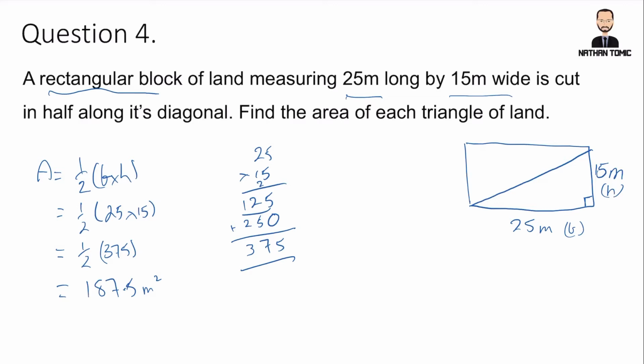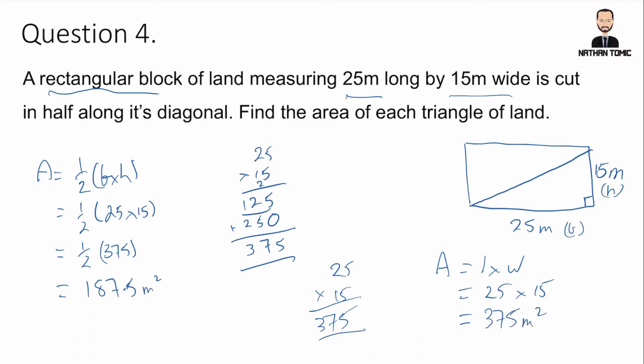So another option, we could have simply done area of a rectangle being the length times width, which we could say 25 times 15, which we already know from above here is 375. So the area of the rectangle is 375 meters squared.